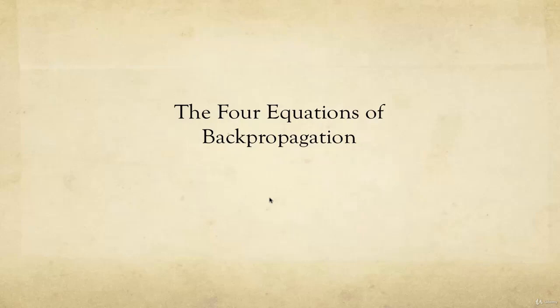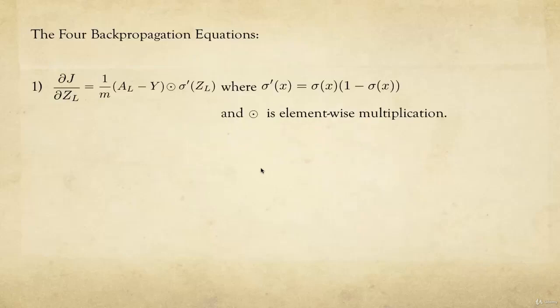So here are the four equations of backpropagation. The first equation: suppose we have an L-layer neural network. We first compute dJ/dZL, which is the last layer, where AL is the prediction for all the images, the output of the network, and Y is the label.